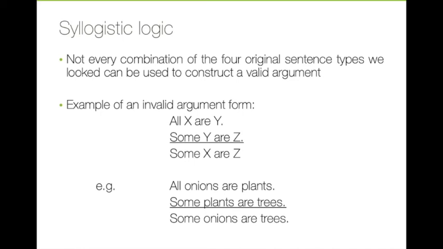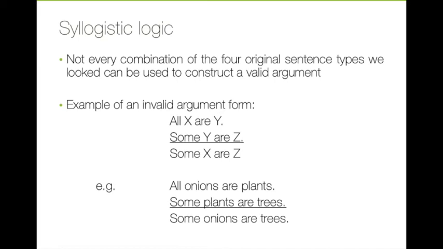So here's an example of an invalid argument form. All X are Y, some Y are Z, some X are Z. This one looks a little bit like Darii, but the order of the variables is different, making it invalid.